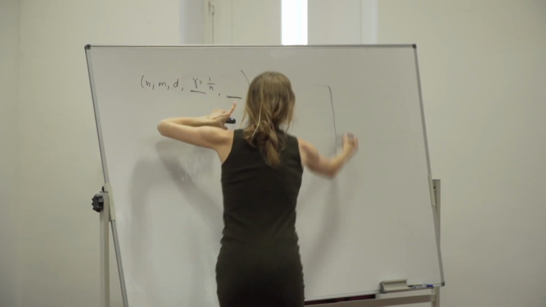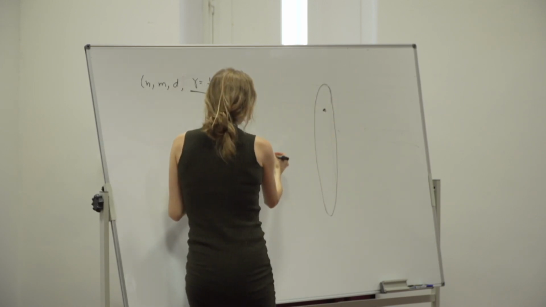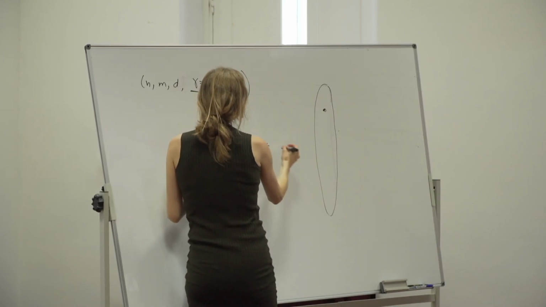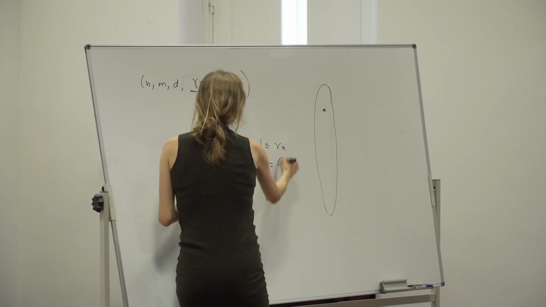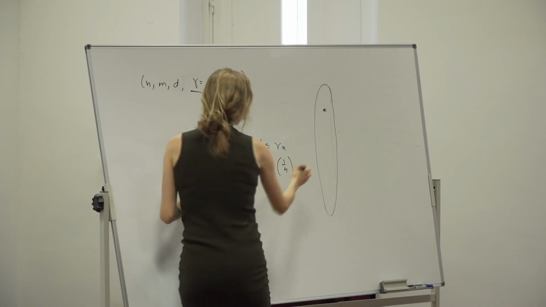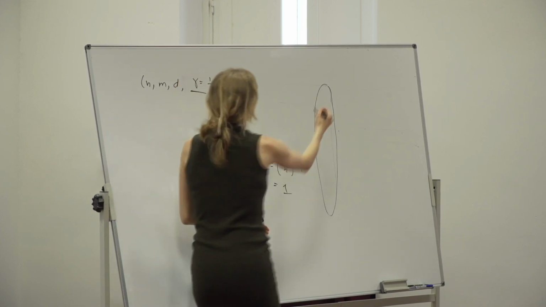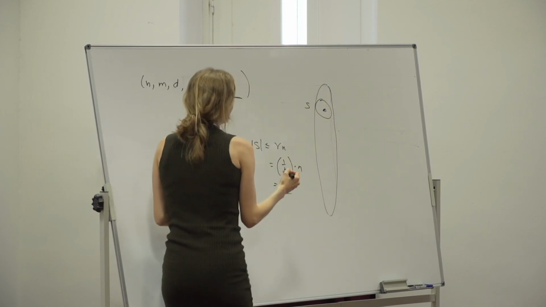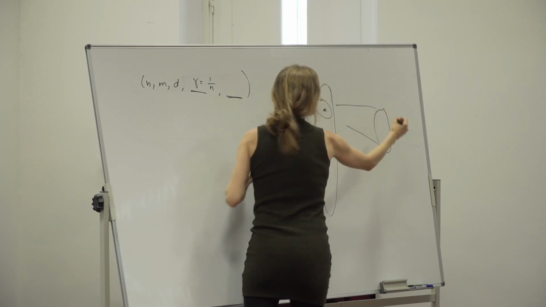Let's take a look. If I'm restricting to subsets S of size up to gamma n, this is equal to 1 over n times n. This is just subsets of size 1. So this could be S, in which case I know exactly what the size of the neighbor set of S is, and what is that?